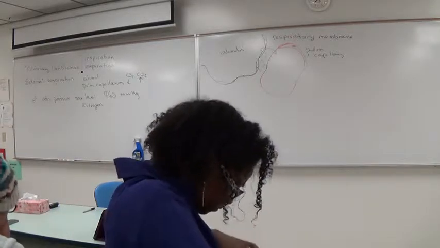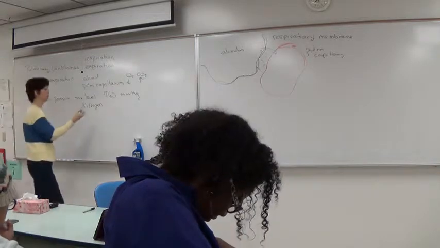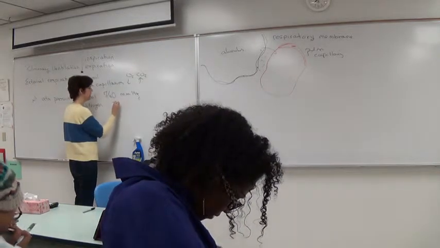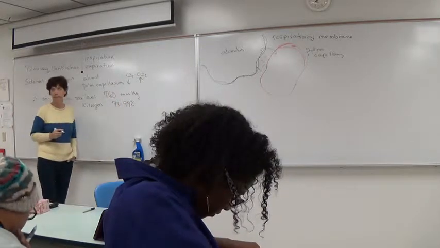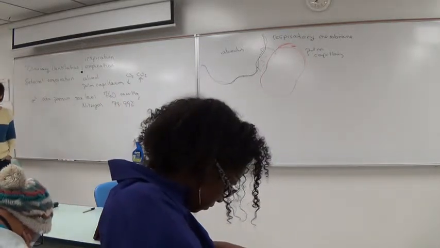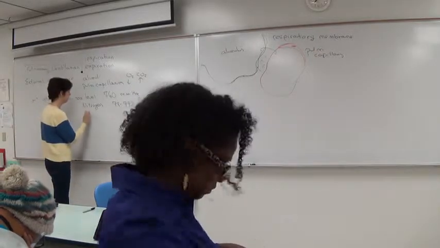It is one of our gas mixtures, and it's almost 80%, all right? So approximately 78 to 79% of the air is nitrogen. So about 20.9% of the air that we breathe is oxygen.